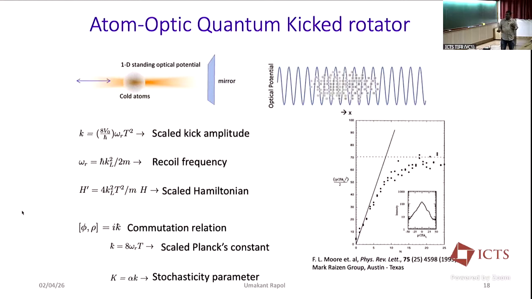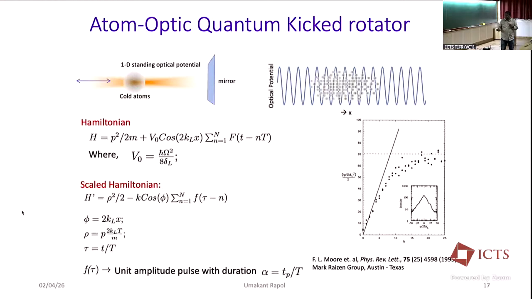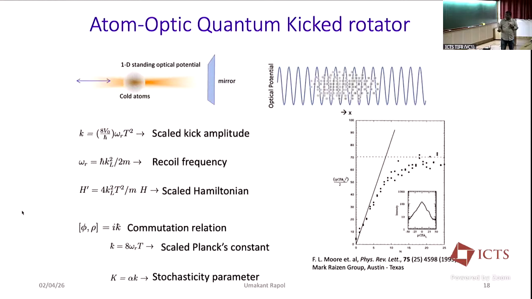The conjugate variables for this particular Hamiltonian are phi and rho. And by changing this time period, you can change the scaled Planck's constant, and also the stochasticity parameter, the kick strength that I talked about, which decides whether you are in a chaotic regime or not. You can do all this and study all the physics of this kicked rotor.